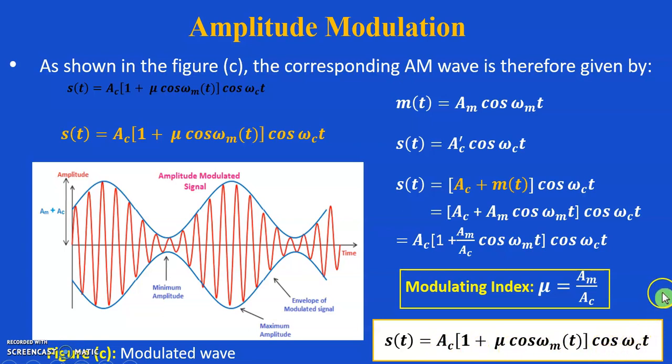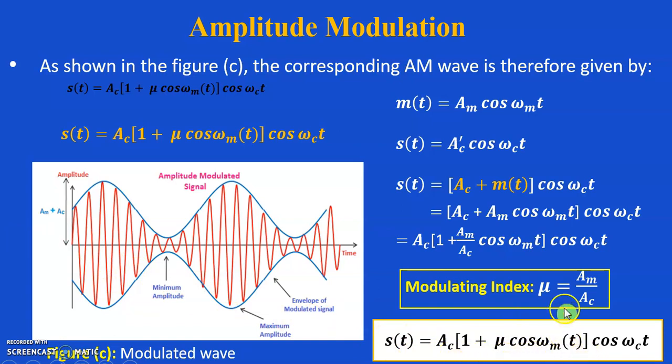So modulation is achieved at the transmitter side, and the demodulation will be done at the receiving side.